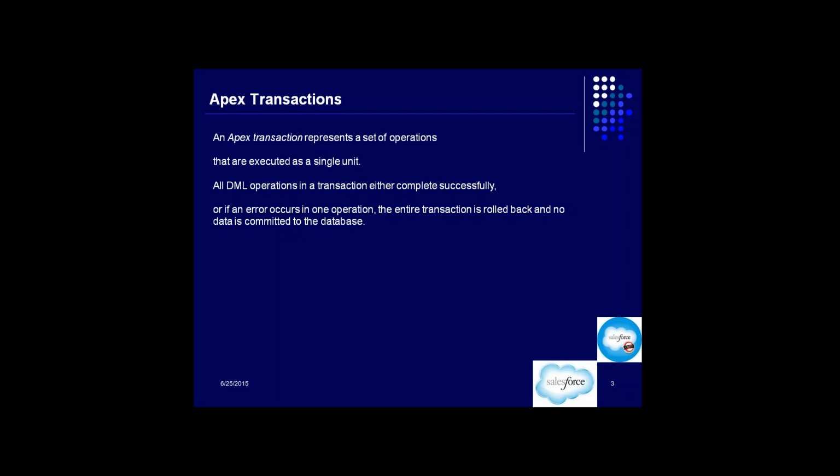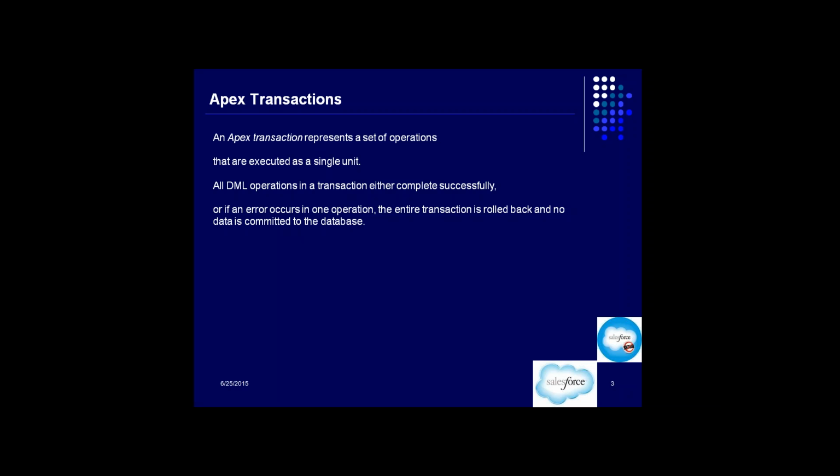I've written a code which should do 3 things in sequence: create an account, create a contact, create an opportunity. Think about this. If an account gets created, and while it's trying to create the contact there is some error, some validation error for the contact, what should ideally be the right thing?